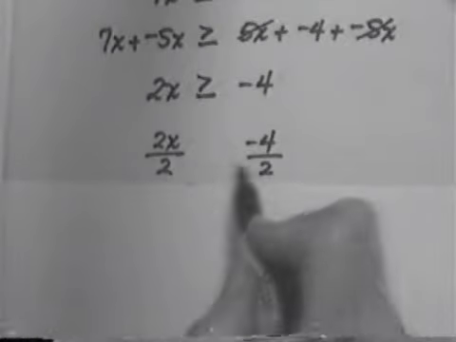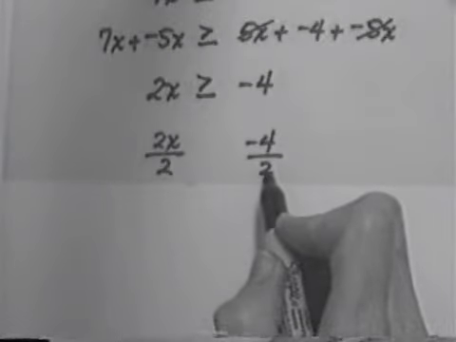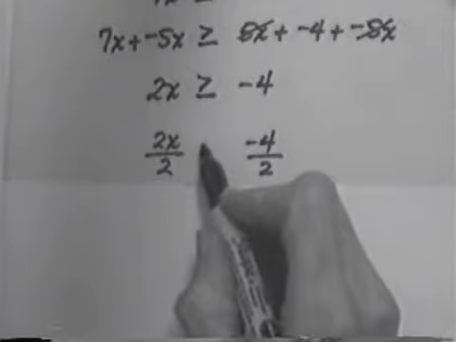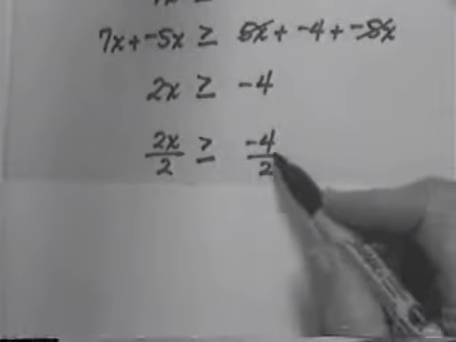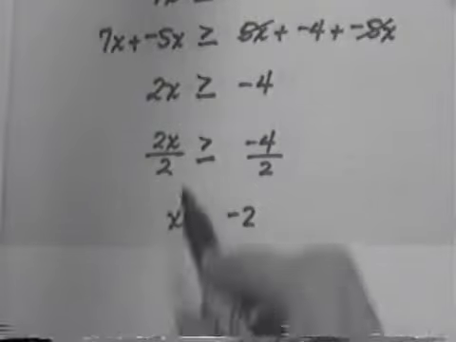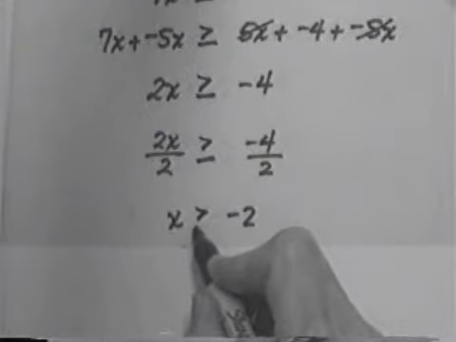When we divide by a positive number, the inequality symbol remains unchanged, and so we keep the greater than or equal. 2x over 2 reduces to x, negative 4 over 2 reduces to negative 2, and so we get x and negative 2. The inequality symbol remains unchanged, and so our inequality result is x is greater than or equal to negative 2.